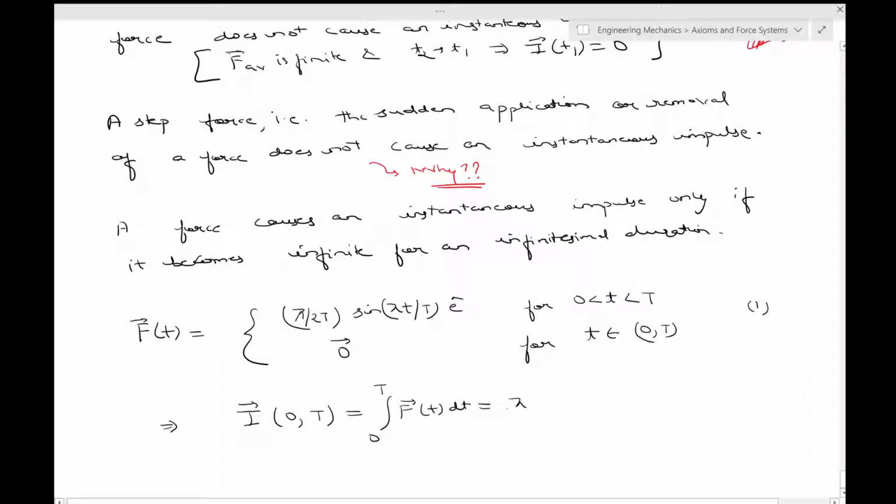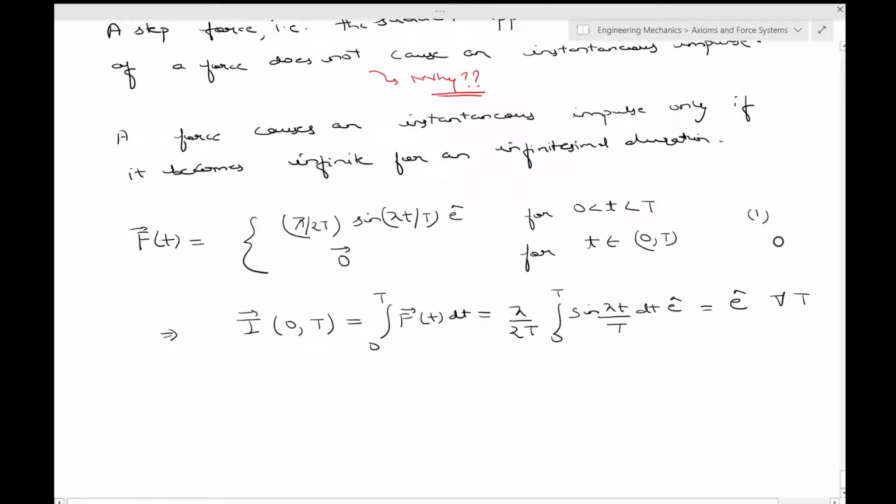That means this is pi by 2T, integral from 0 to T of sine of pi t by T dt into E. If you integrate over this whole 0 to T, this will become E hat for all capital T.